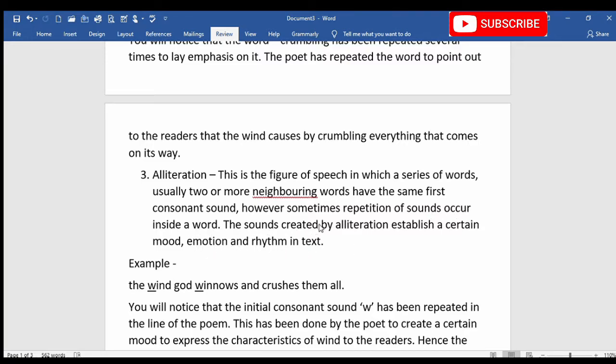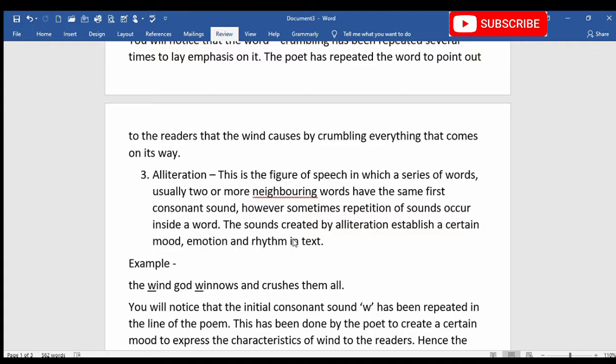The sounds created by alliteration establish a certain mood, emotion and rhythm in the text. So to create a certain mood, it may be a happy mood, it may be a sad mood, whatever it is, the poetic device alliteration is used by poets.